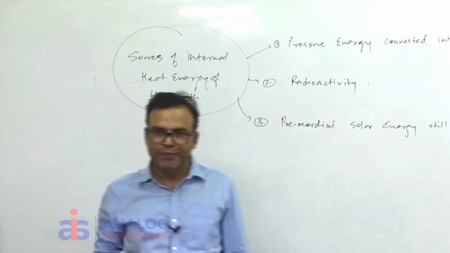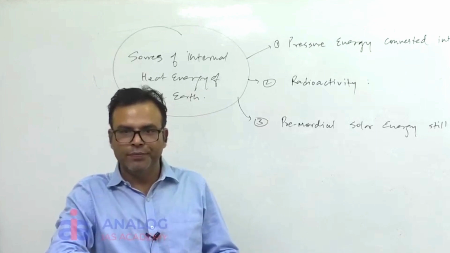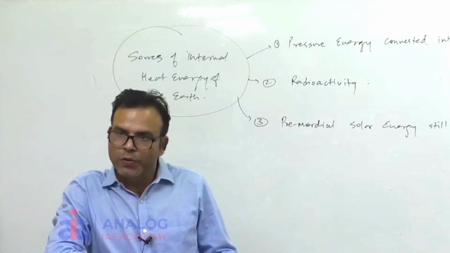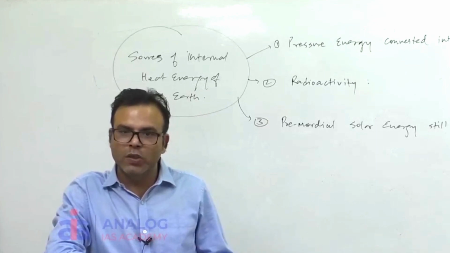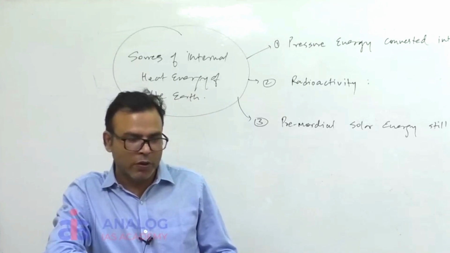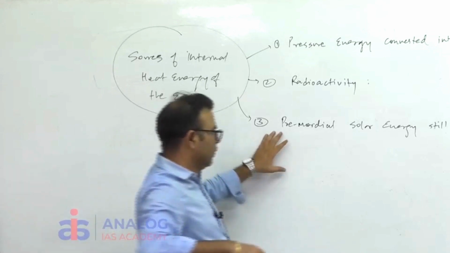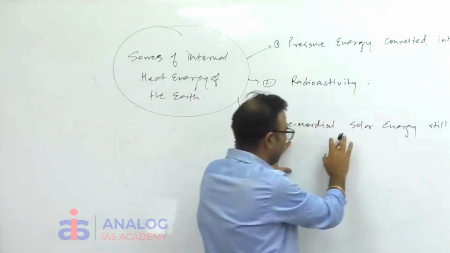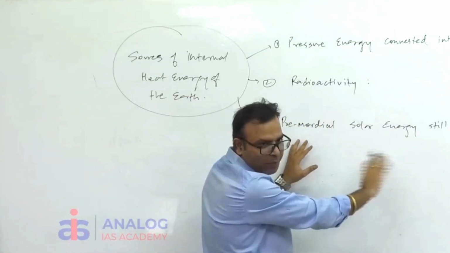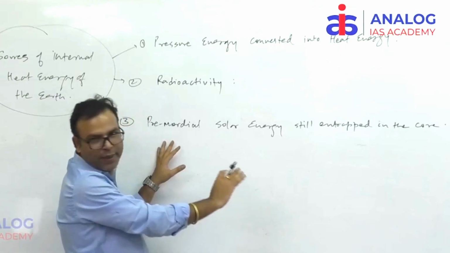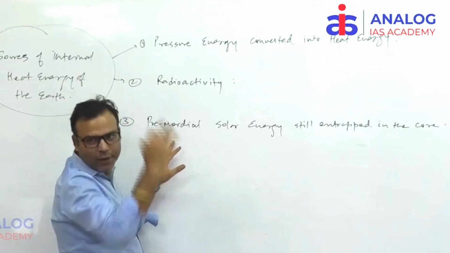All the planets are a byproduct of the sun. So initially when they formed, they were all hot, the same as the sun. So all the planets including earth are a byproduct of the sun, so they had the same temperature as the sun. Later on they got detached and underwent cooling.